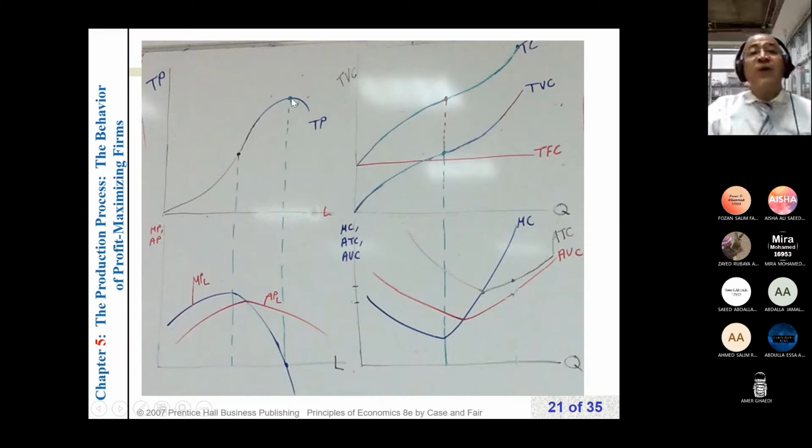As we reach full capacity, or the maximum point on total product, the increase in total product will be very minor for the last worker. In the third stage of production, if Zayed exaggerates adding more units of labor, total product may decrease, causing marginal product to take a negative value, such as -2.